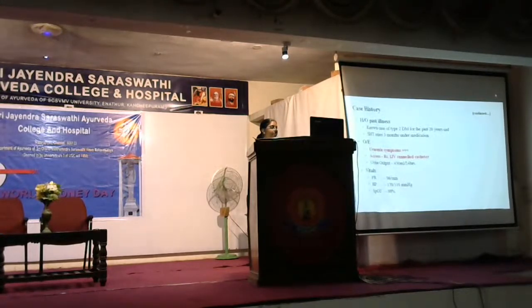On examination, he had prominent uremic symptoms and also a tunnel catheter for hemodialysis. Urine output was around 450 ml per 24 hours. His vitals were pulse rate 96 per minute and BP high, 170/110 mmHg.